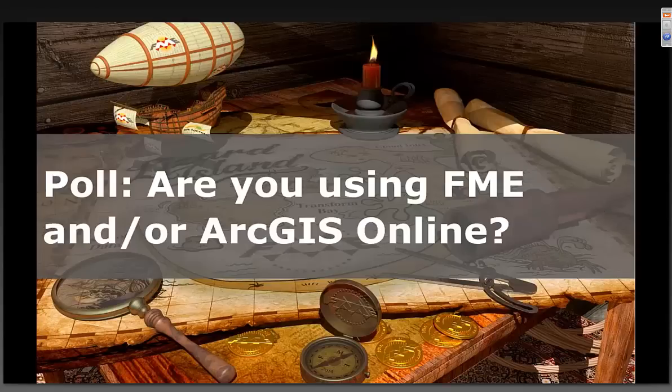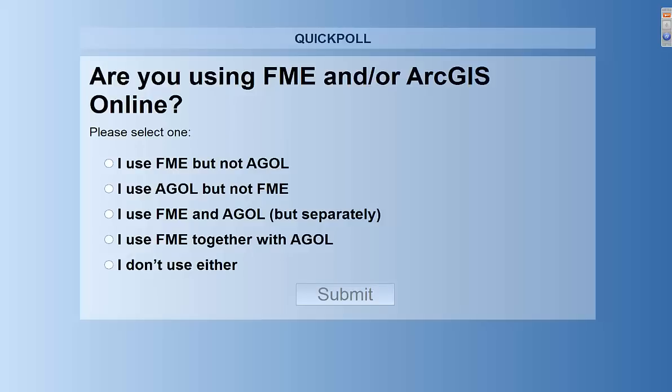So we're going to go out to our first poll, and I think I can figure out how to launch that. Are you using FME or ArcGIS Online? Here we go. There it is. We thought we'd want to get to know you a little bit more to understand where you're coming from. This is a single choice thing, so you can't vote more than once. You've got to pick your choice.